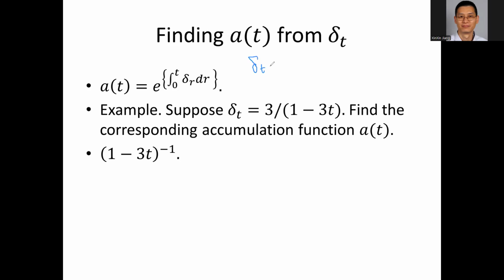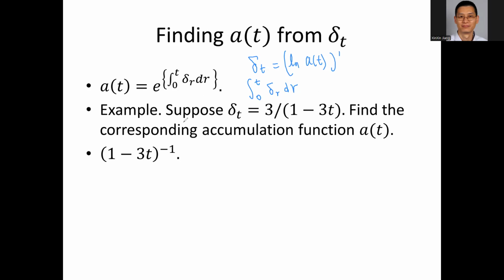So delta t equals the derivative of log of a of t, so you integrate it from 0 to t, and delta needs to use r because you need to use t for the upper limit.